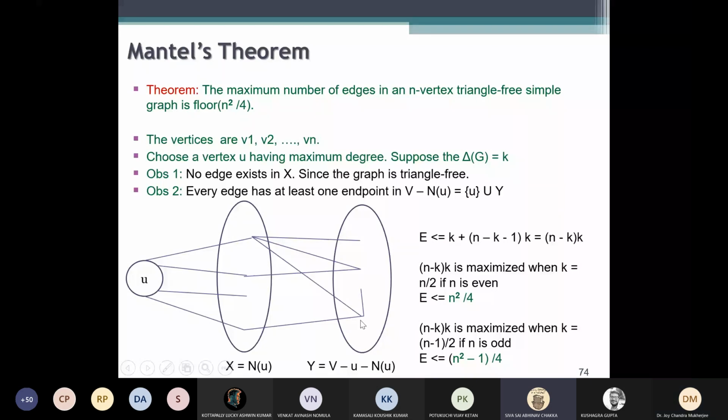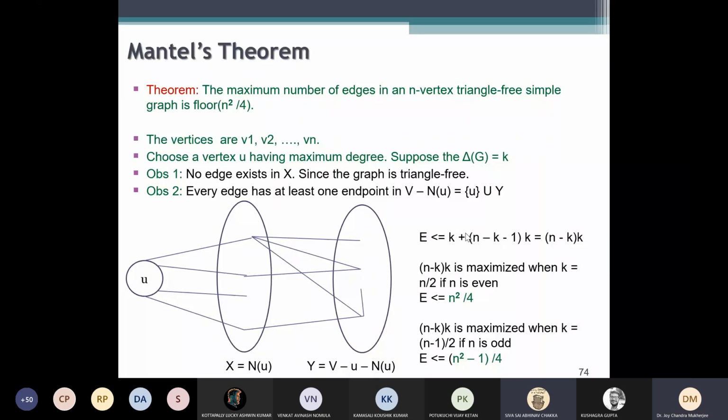Now, based on these two observations, what can we say about the number of edges? In the degree sum formula that we studied, summation of degrees by 2 is equal to the number of edges.